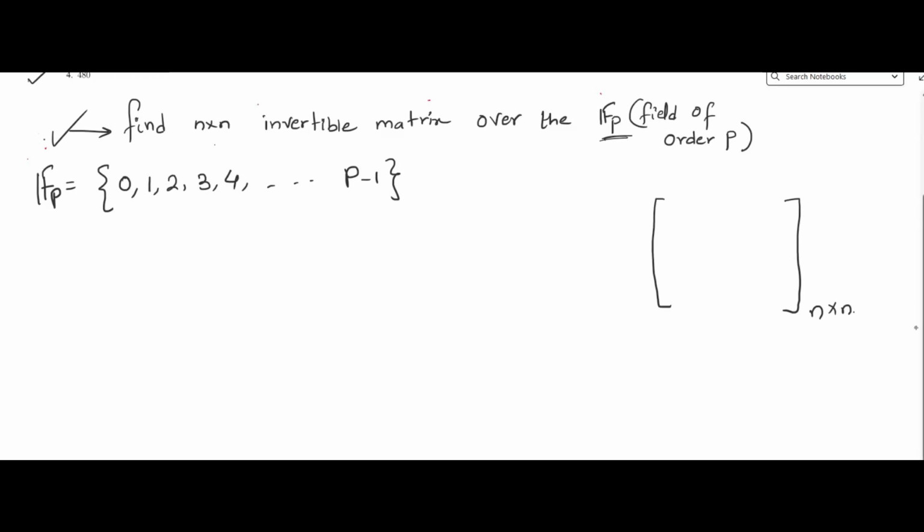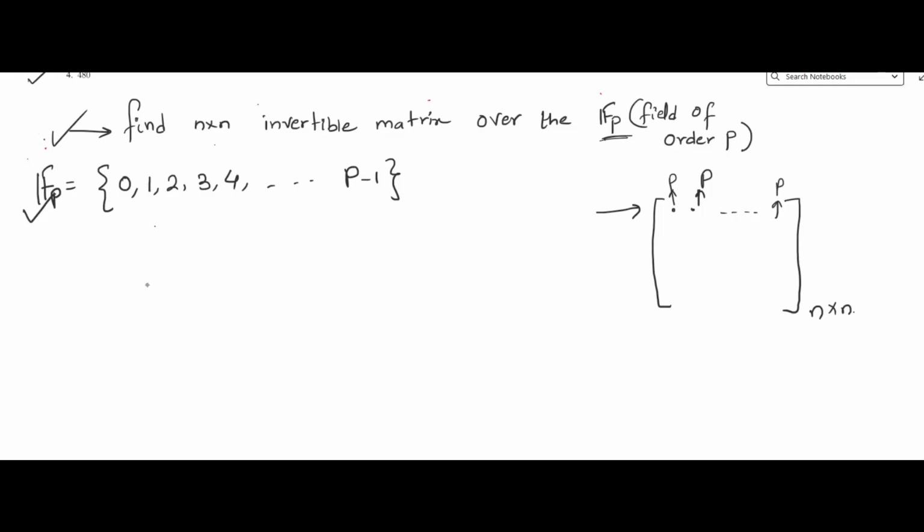So let us talk about the first row, first entry. It will have p choices, because entries will be from this field. For the second entry also it will have p choices. Similarly for the last one, again p choices.